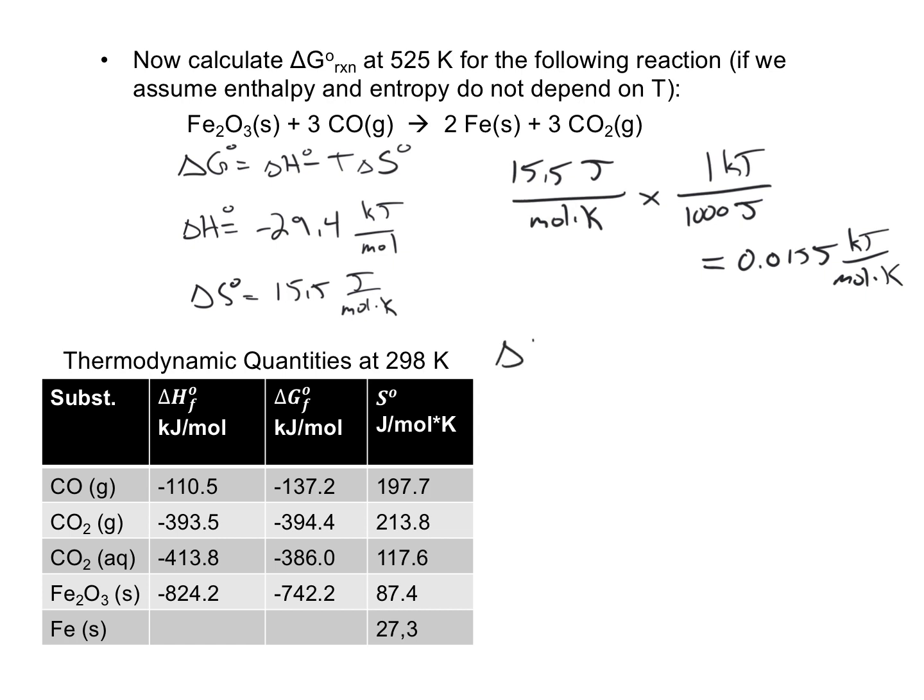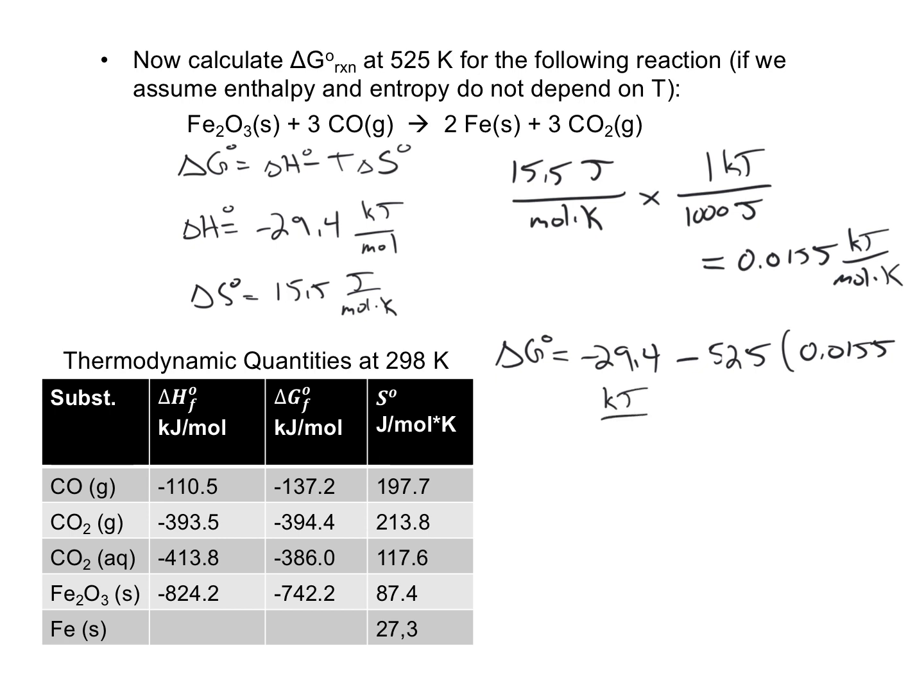So delta G is going to be delta H, so that's negative 24.8, and then minus, oh, not 500, 525, times 0.0155, right?